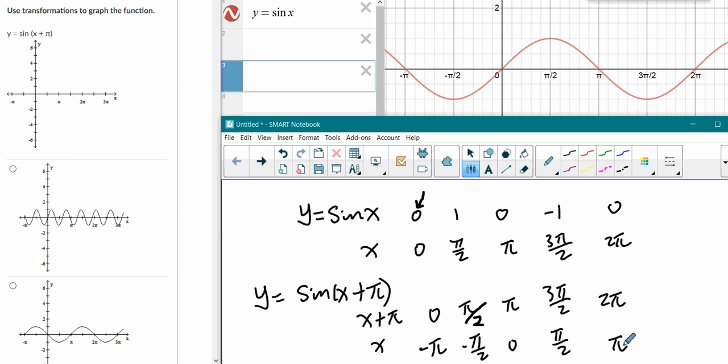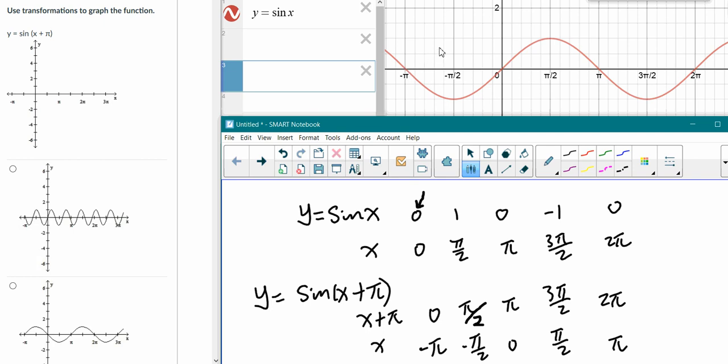We need x is pi, we got 0. We need x is 0, we got 0. We need x is -pi over 2, we get 1. So x is -pi over 2, you get 1. And x is -pi, we got 0.